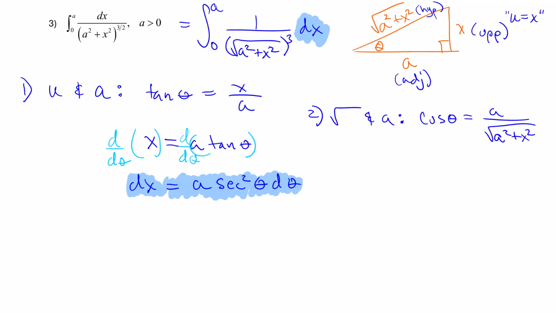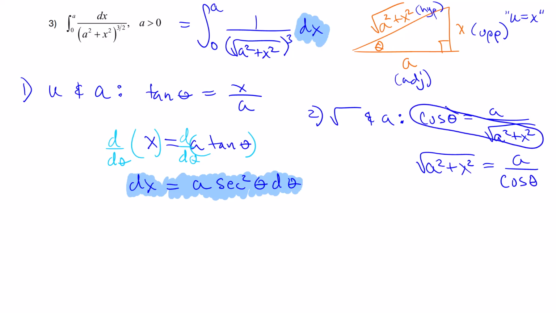It's a valid shortcut to switch the diagonals of the proportion, meaning I can write this as the square root of a squared plus x squared. Be careful, my a's look like u's sometimes. That can cause all kinds of problems when we're using u's for other things. So we have the square root of a squared plus x squared equals a over cosine theta. All we did was switch those diagonals.